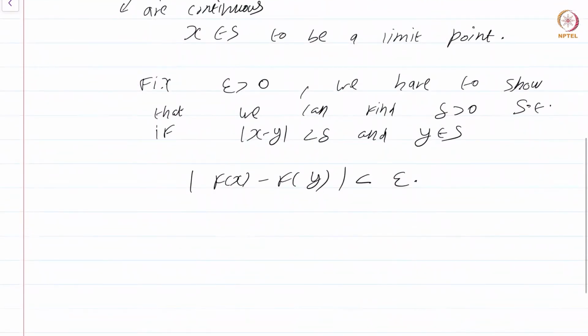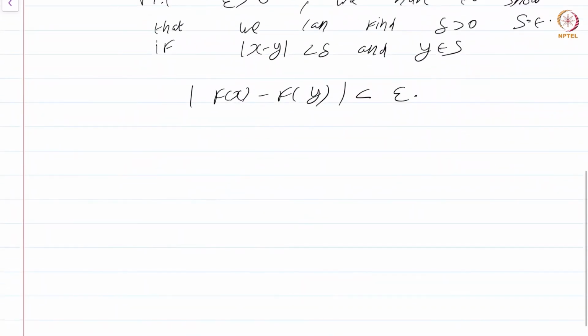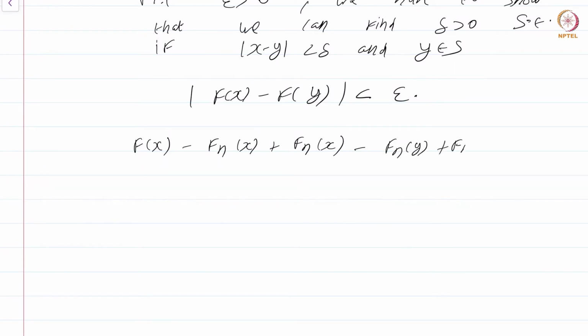Now we want to show |f(x) - f(y)| is less than epsilon, and the only data we are given is the continuity of the functions Fn and the fact that Fn converges to f. The natural thing to do is to play the oldest trick in the book and introduce Fn by adding and subtracting. We add and subtract Fn(x), then add and subtract Fn(y), and expand by the triangle inequality.